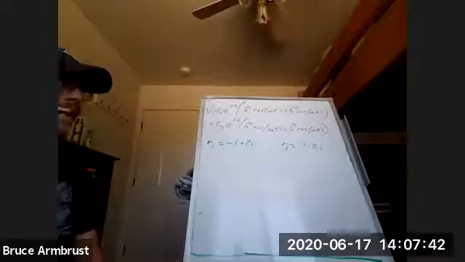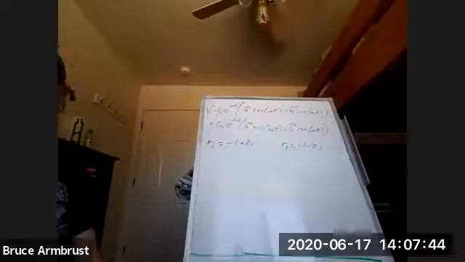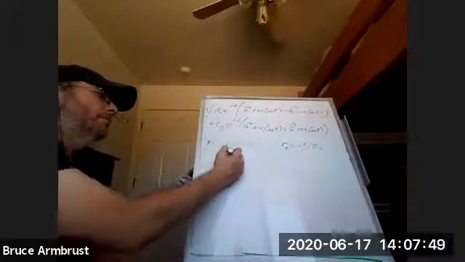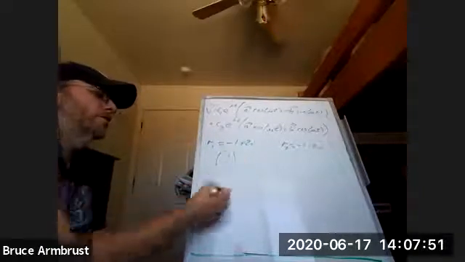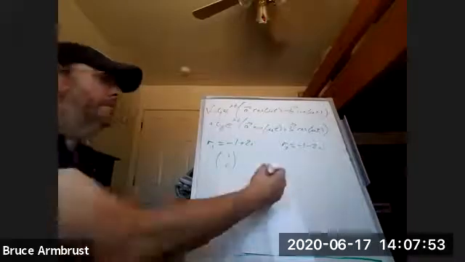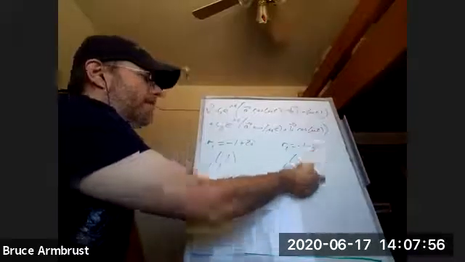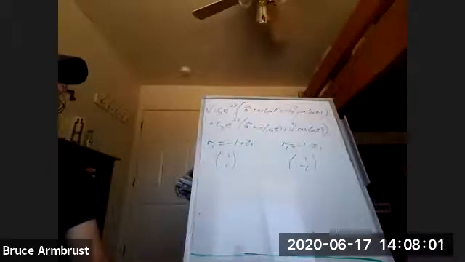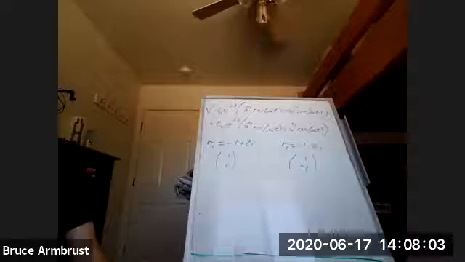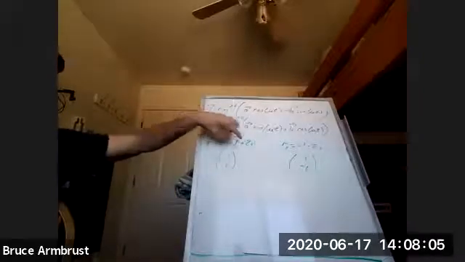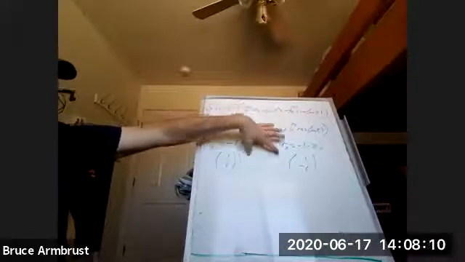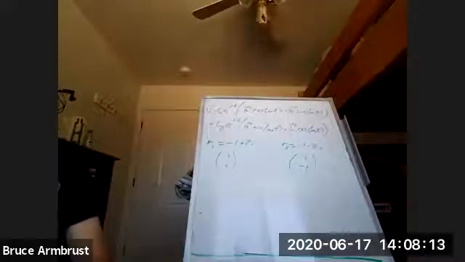The corresponding eigenvectors were 1, i, and the other one was 1, minus i. So again, notice that these two eigenvalues are complex conjugates, and the eigenvectors are made up of the complex conjugates.